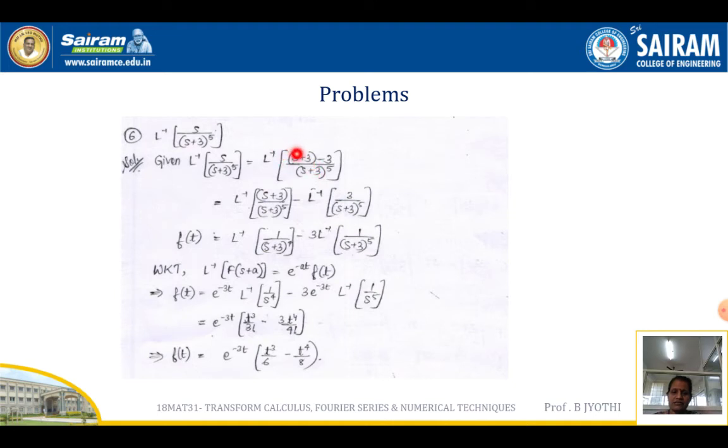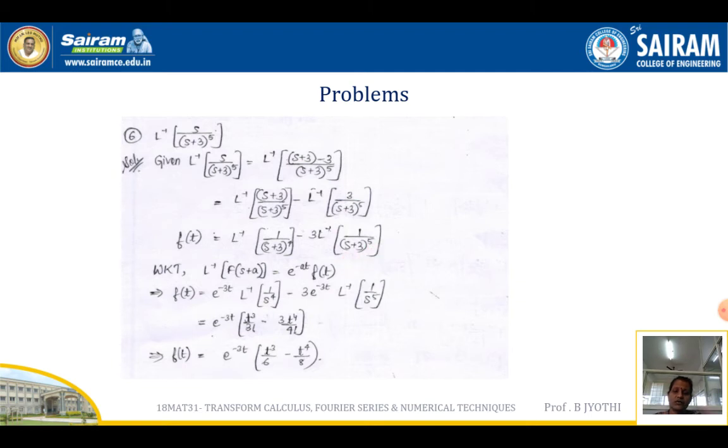The added part is grouped with s and it will be taken as one part, and minus 3 is divided by this part. So let us segregate. Then we get L inverse of 1 upon s plus 3 whole power 4 minus 3 L inverse of 1 upon s plus 3 whole power 5.